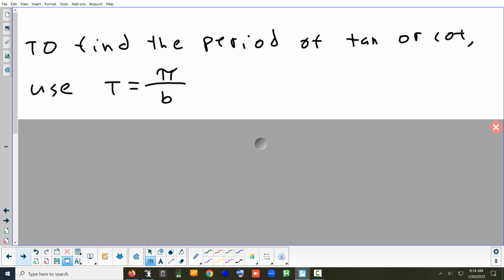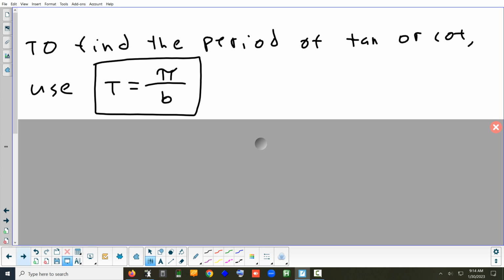All right, so we had a formula last time to find the period of sine and cosine, and the formula was 2 pi over b. Well, for tangent and cotangent, it's a little different. It's pi over b.